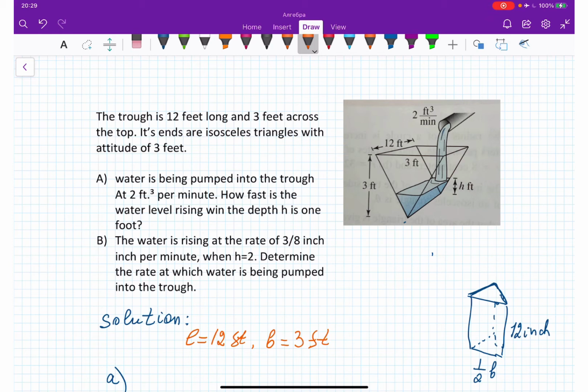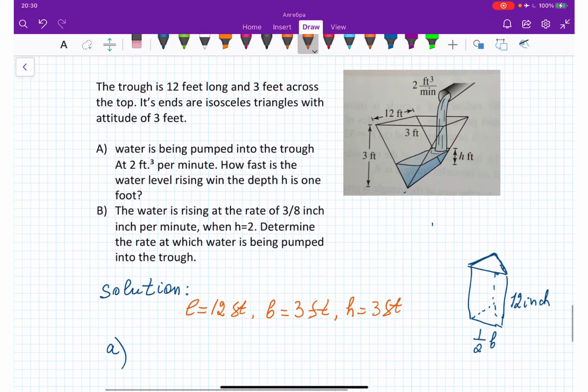Okay, it's gonna be h is equal 3 feet. All right. So, A, water is being pumped into trough at 2 feet cubed per minute.